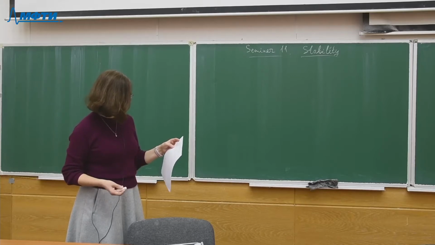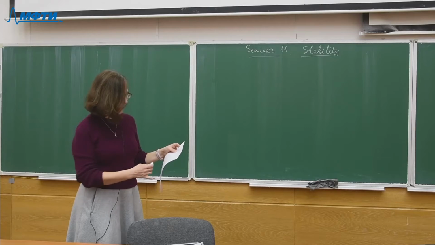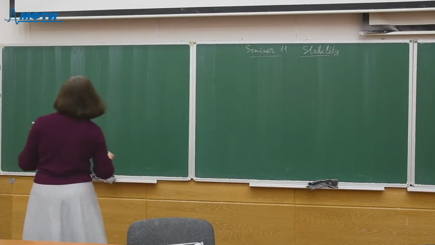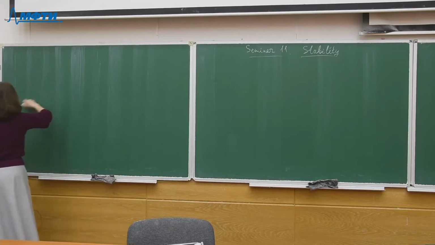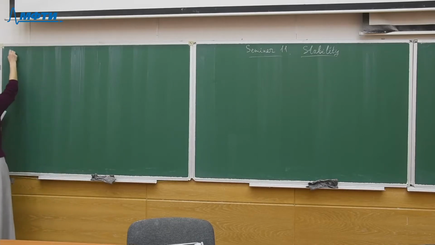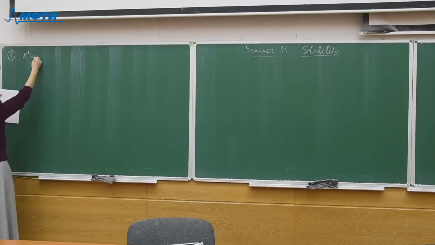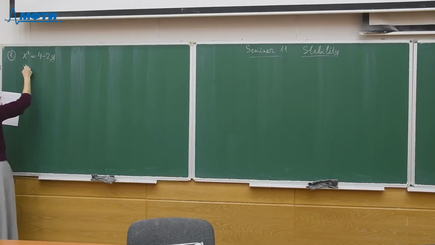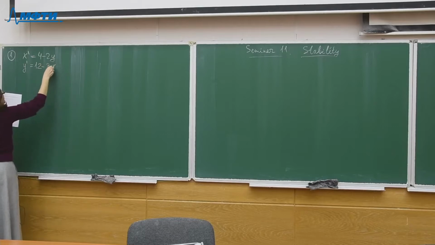Draw a phase portrait of the nonlinear system to confirm your conclusion, and so on. We will start with the first system, which is x prime equals 4 minus 2y, y prime equals 12 minus 3x squared.